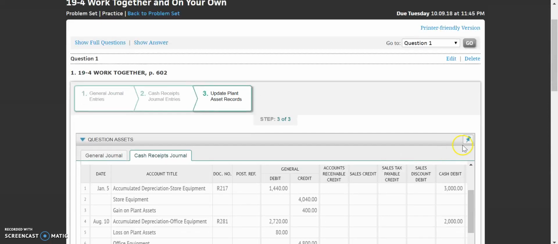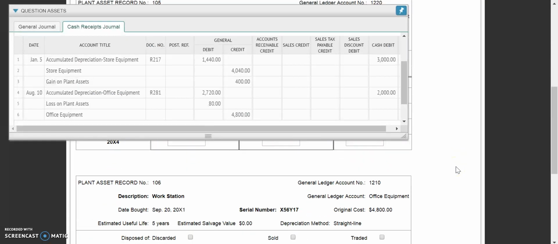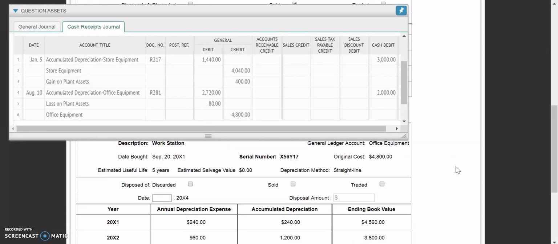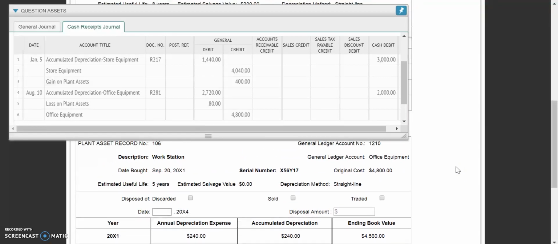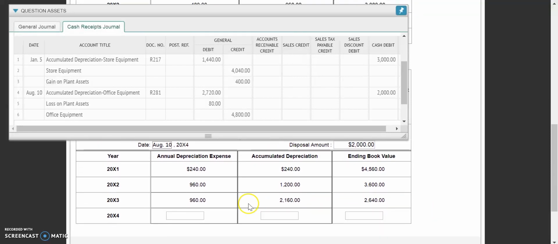But what I am going to do is open this guy up because we will need to update our accumulated depreciation for our workstation. So again, the workstation was sold. So we click on sold. It was sold on August 10th, fill that in. And then we come over to our disposal amount, which was $2,000. Then we need to come down and update our annual depreciation expense.